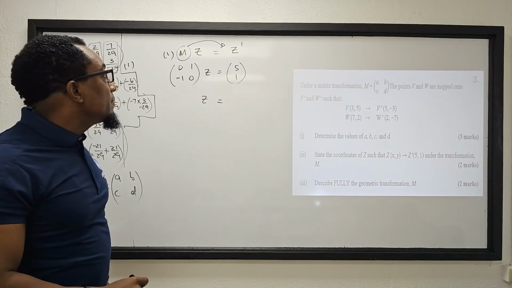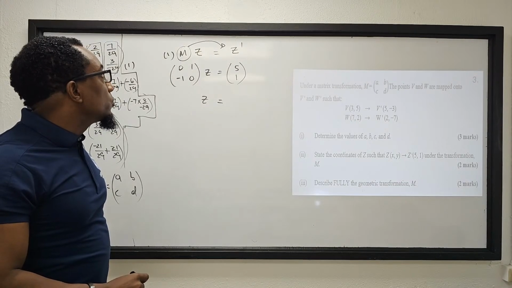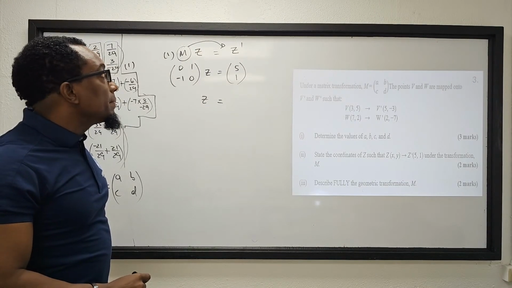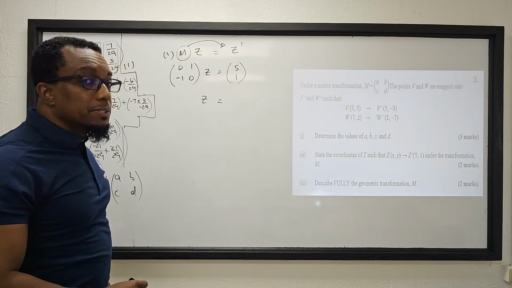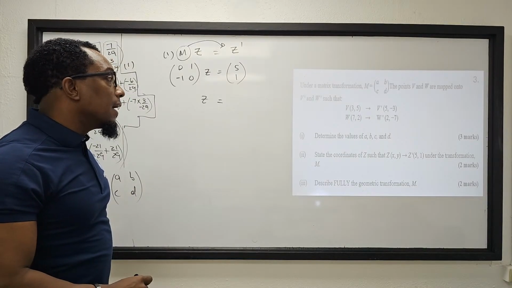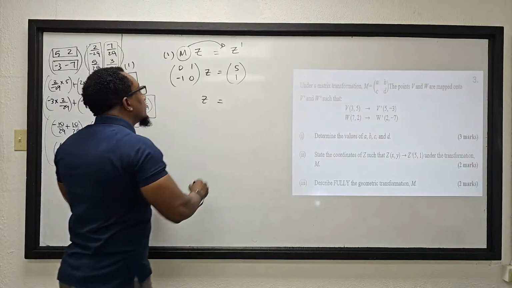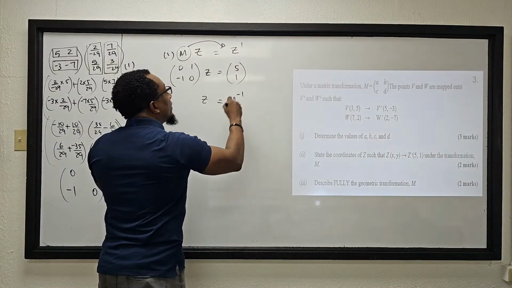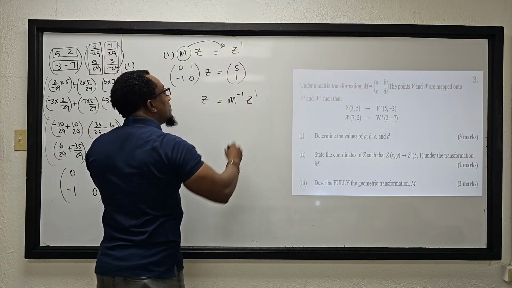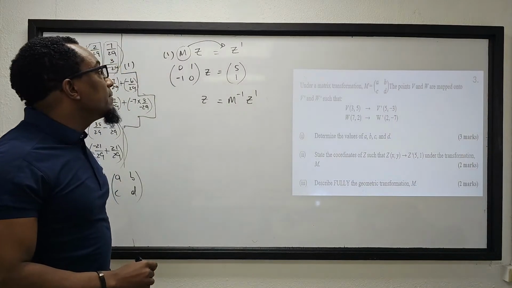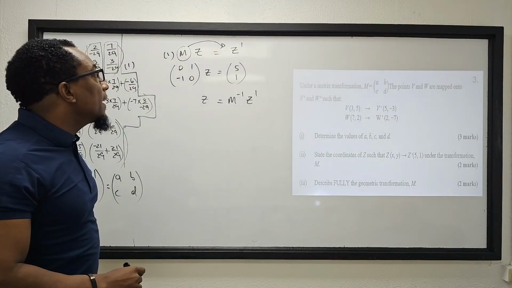So when we find M inverse and multiply that by Z prime, it's going to help us to determine the coordinates of Z. So we're going to bring M over to the right as M inverse times Z prime. So we have to find the inverse of M and multiply that by Z prime.